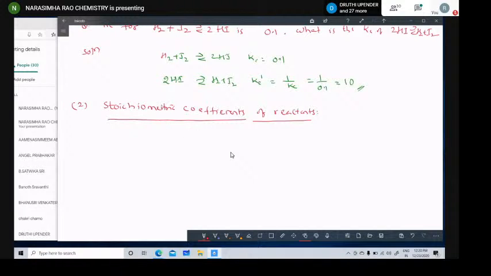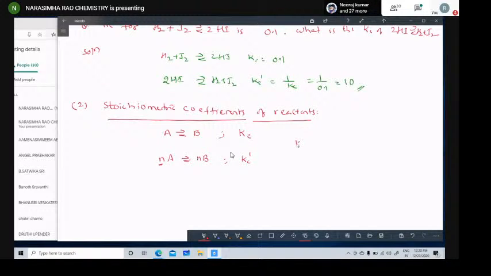For example, A is in equilibrium with B. For this reaction the constant is Kc. Now, if this equation is multiplied by n, then A is in equilibrium with nB, and Kc dash is there now. What is the relation between these two?